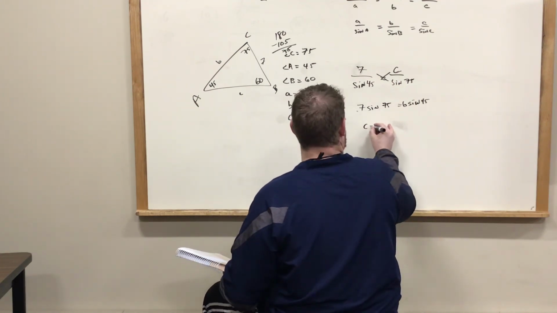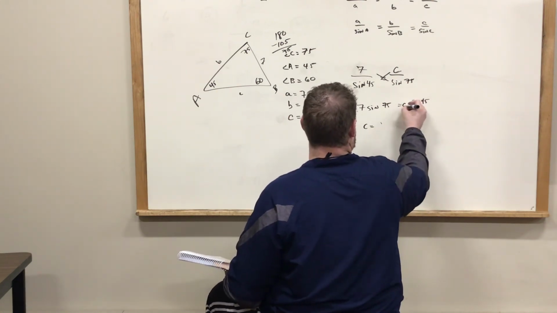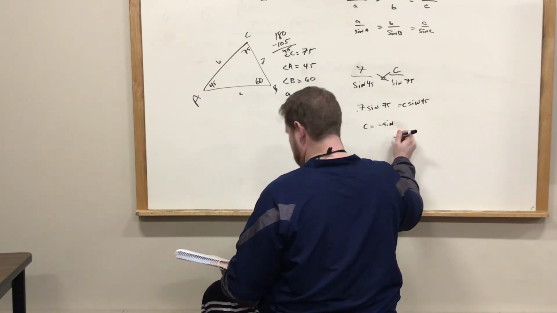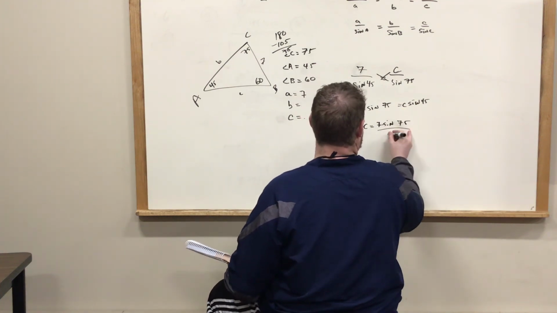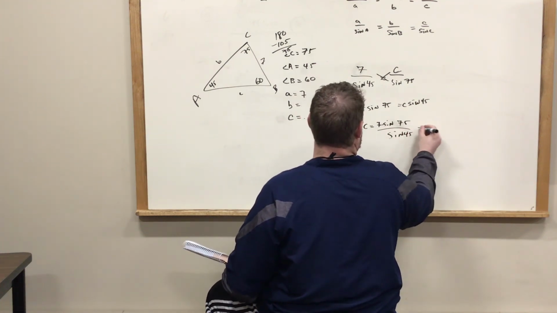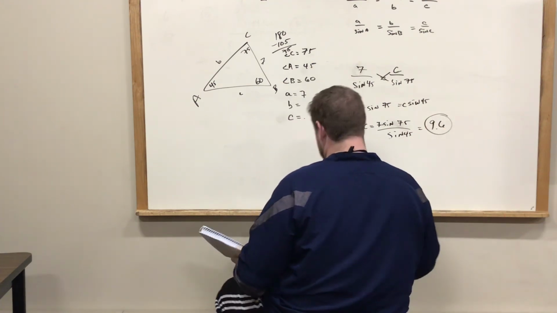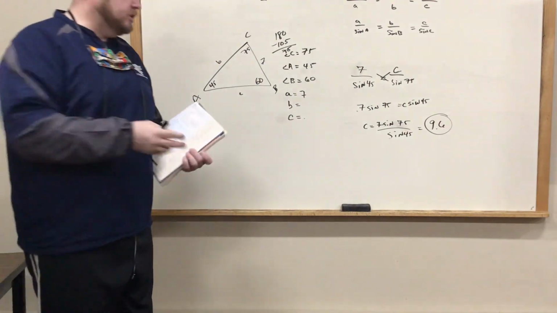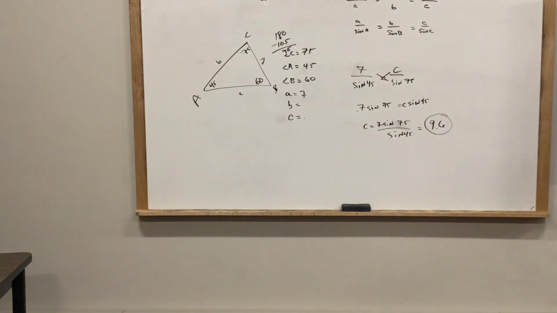But you're left with c equals 7 sine 75 divided by sine 45, and that's going to give you a total of 9.6. So once again, you put it in your ratios, cross multiply, and solve. That's how you do law of sines.